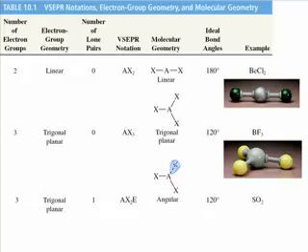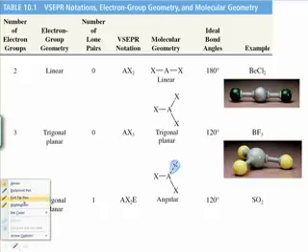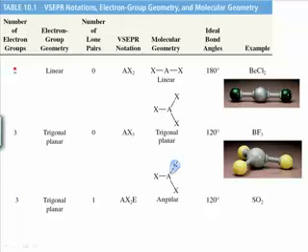The first thing we'll look at is the number of electron groups, and again, we're including bonding pairs and lone pairs. Each one of those counts as one. Then this is the electron geometry, which is based on the total number of electron groups.